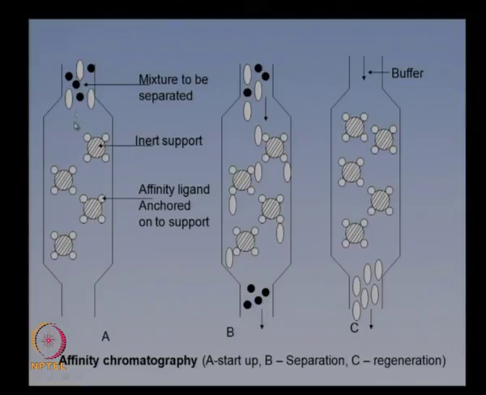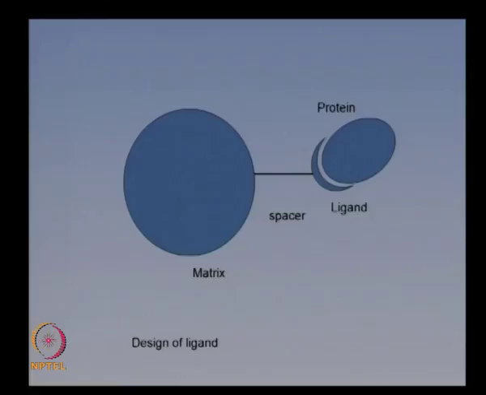So a mixture of proteins could be passing through, proteins which are complementary to those ligands get bound, other proteins travel downwards. So you enrich protein of our interest from a mixture of proteins. This is how affinity chromatography works, and the immobilization is generally done as a covalent type of bonding.